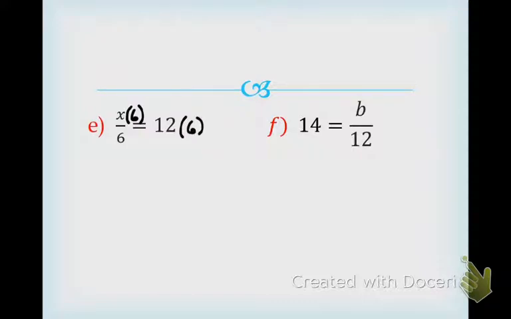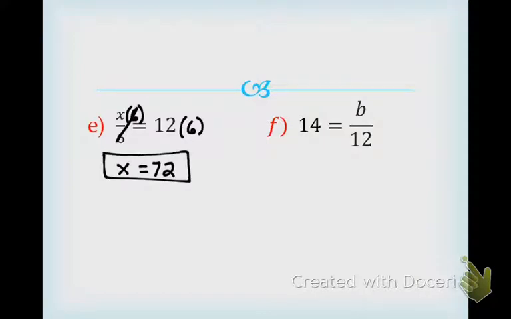All right, so I'm just going to put a little right here in parentheses, multiply by 6, multiply by 6. If I have a 6 on top of a 6, what does that equal, Kayla? A 1. So that can cross out, and on the left side, I'm left with x. The right side is 72. X equals 72.